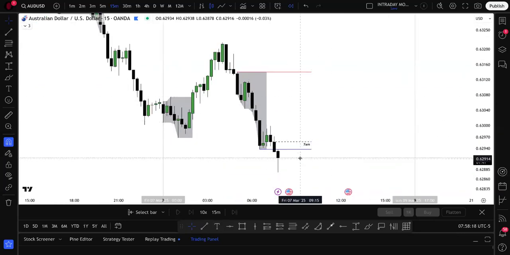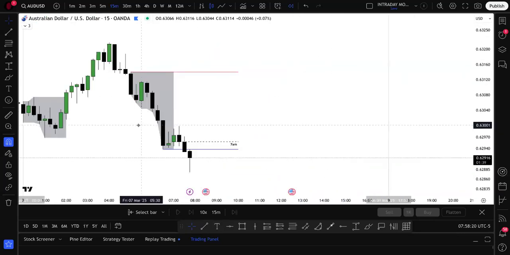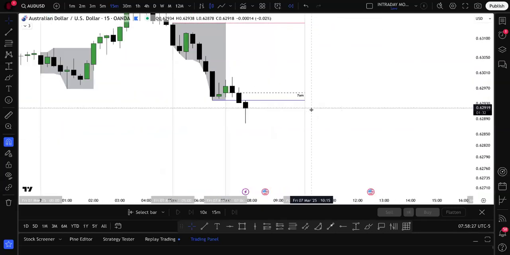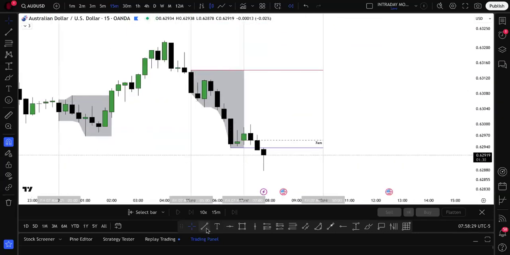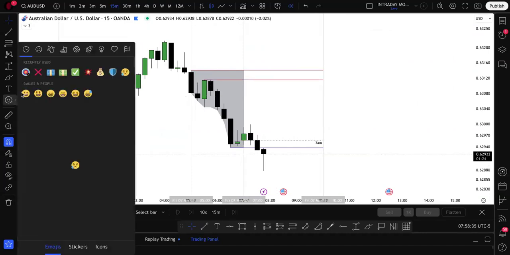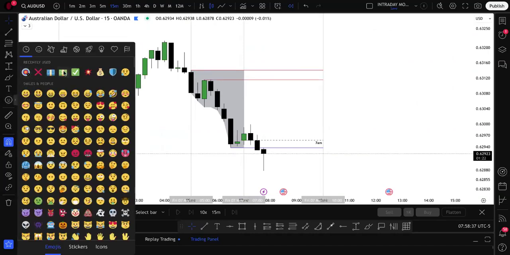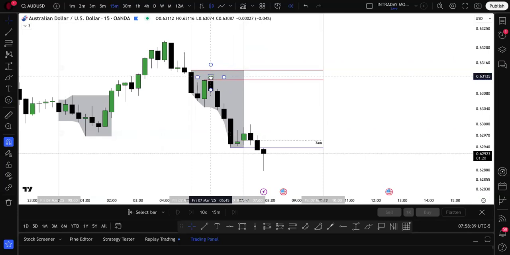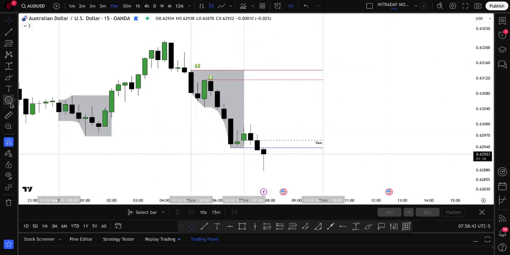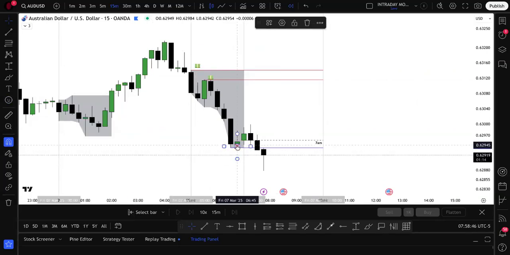So we already ran sell side. Interesting. We already ran sell side from here, here, here, and down here.